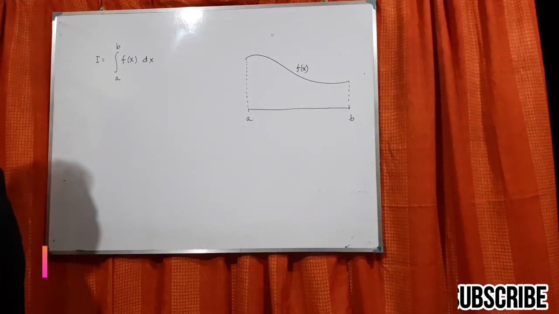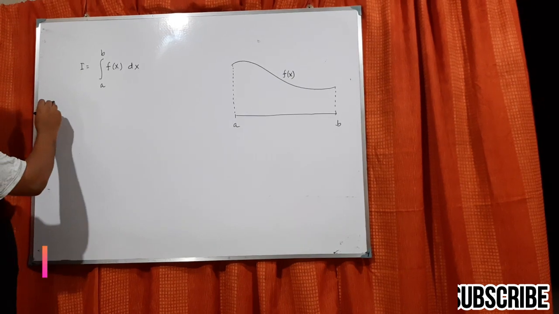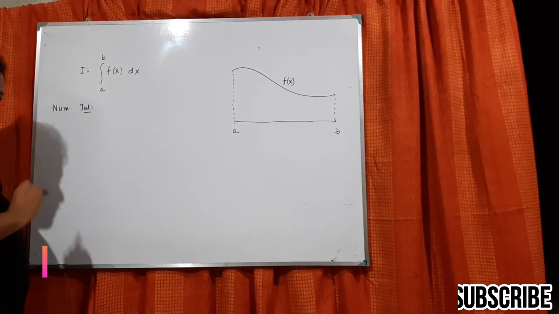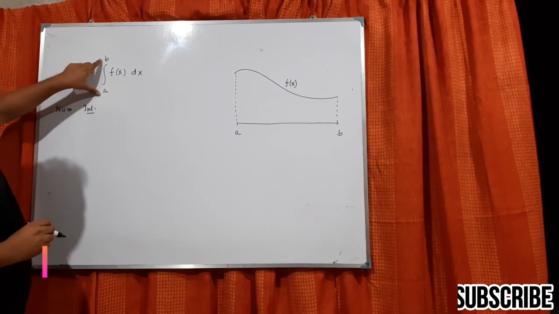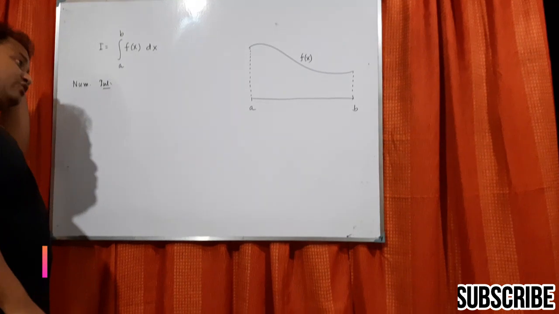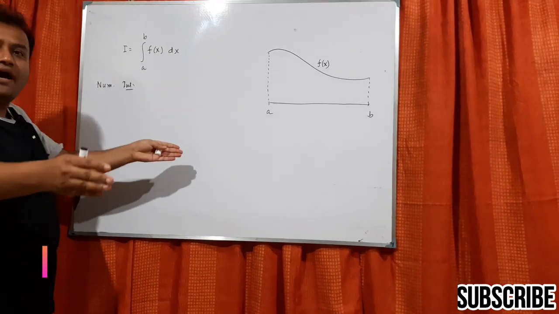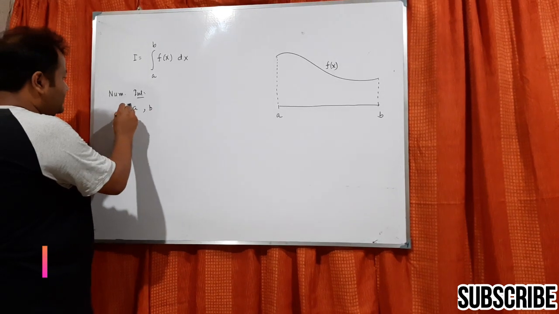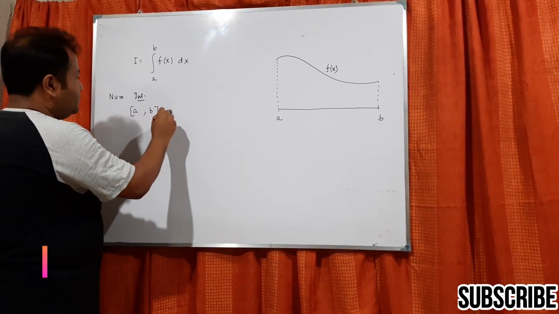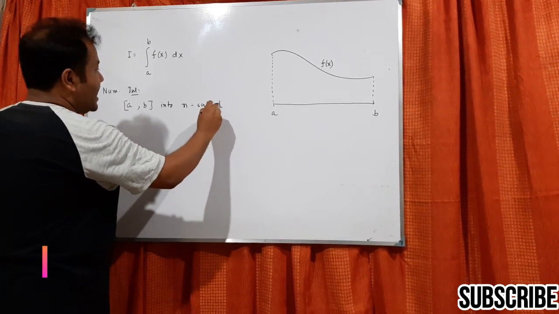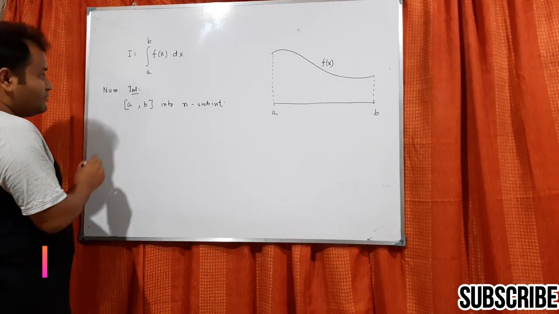Now when you go for numerical integration, first of all what we have to do is divide this a and b, that is this x axis portion, into some equal parts. So let us divide the interval a to b into n subintervals. What is the meaning of that?